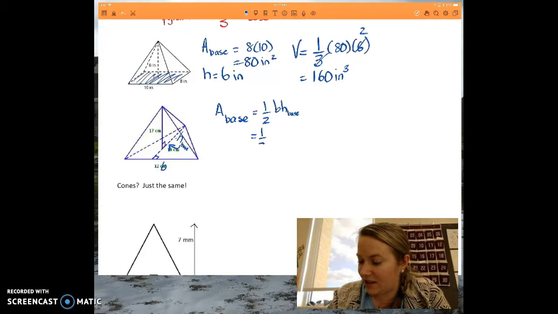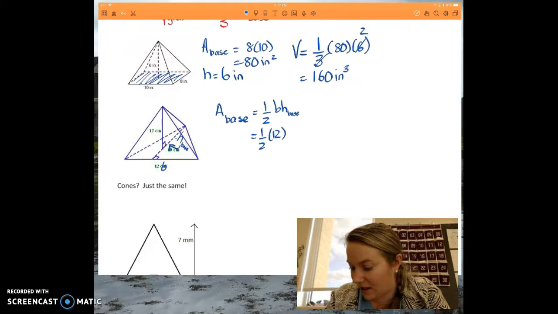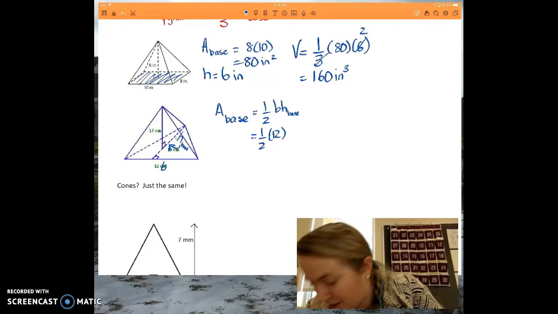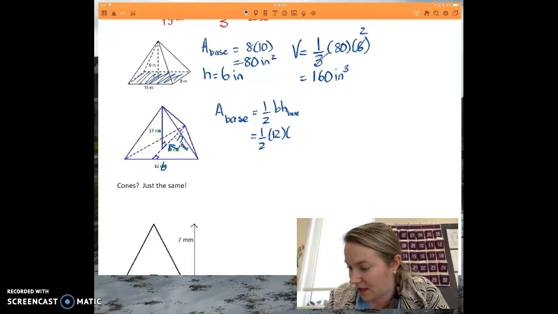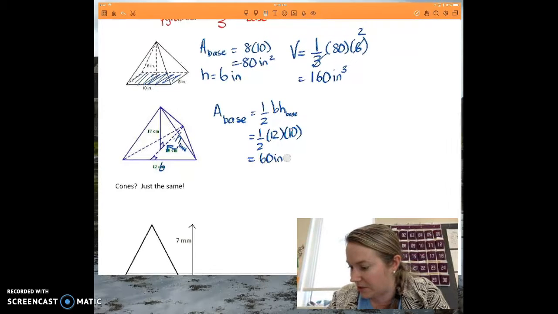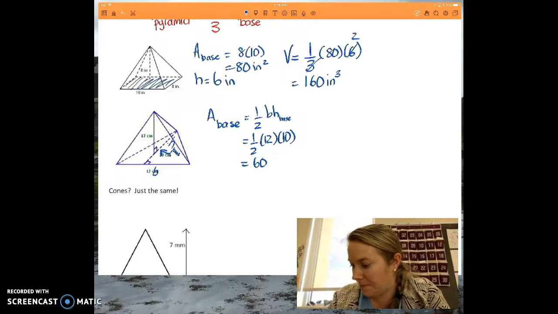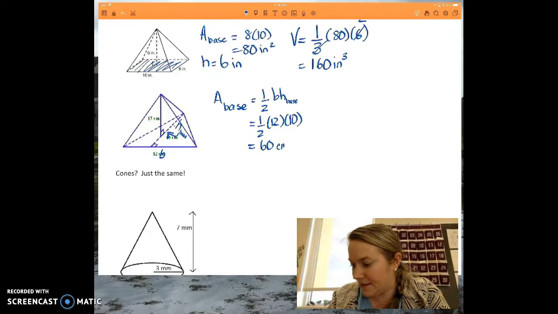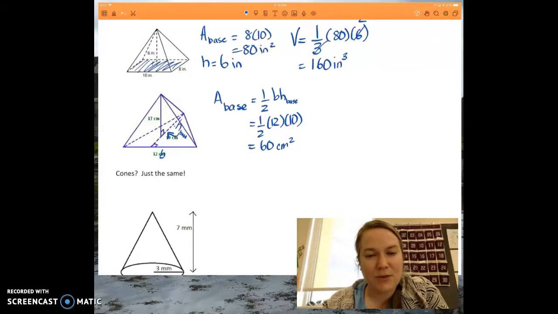So let's calculate that. 1/2, that's 12, and then that was, I wrote over it, I think it was 10. So that should be 60, oh, not inches, this one is centimeters. Centimeters squared. So I have the area of the base.